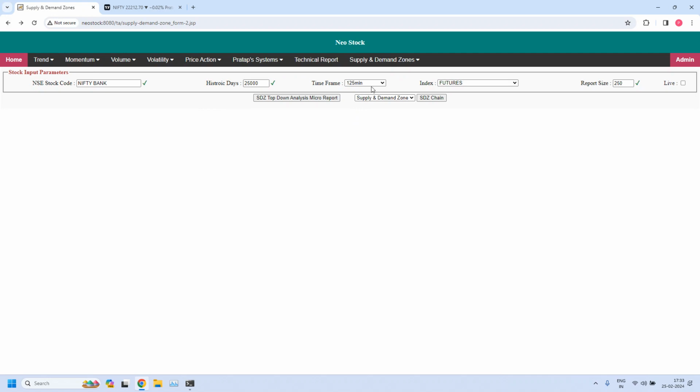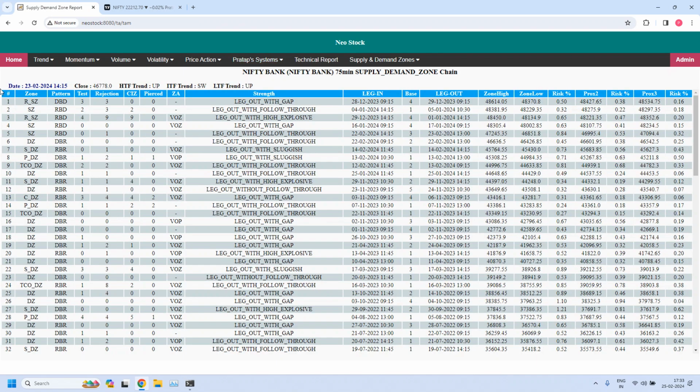Now let me go back and generate the 75 minutes supply demand zone chain. Nifty is having 5 supply zones. Sixth one onwards, a demand zone. Look for high liquidity zones. From high liquidity zone to high liquidity zone, how many points are there?